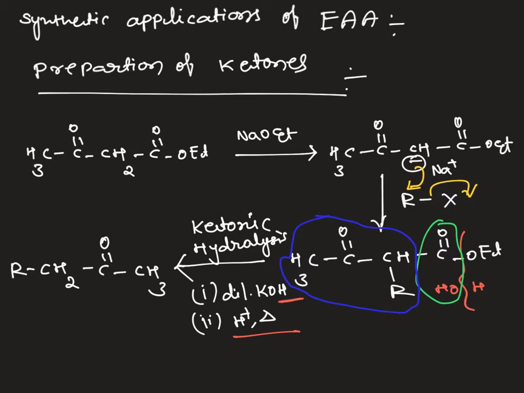You can see this part is completely coming from ethyl acetate, and this portion is coming from the alkyl halide. So if we require any other ketones, by substituting with a different alkyl halide we can synthesize different ketones. This is the general representation of how we can synthesize ketones by using ethyl acetate.